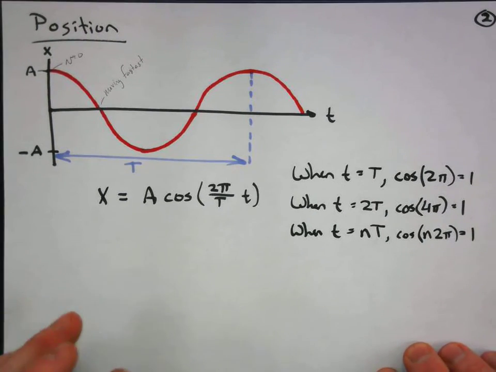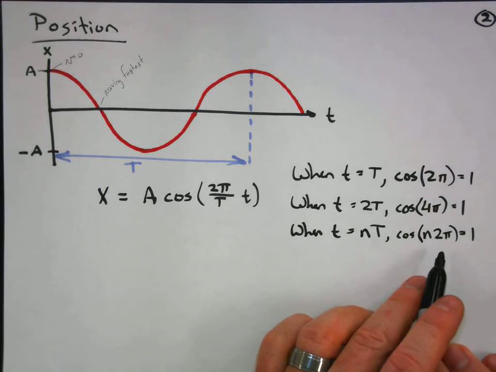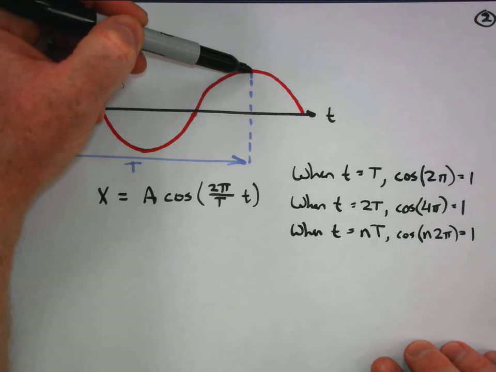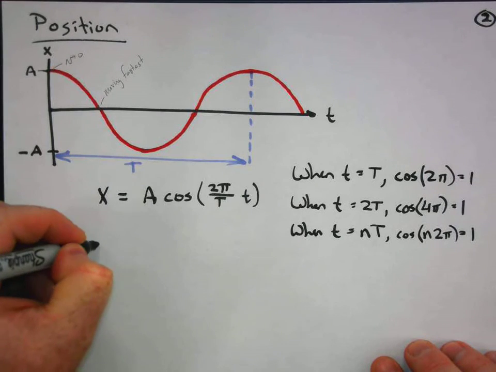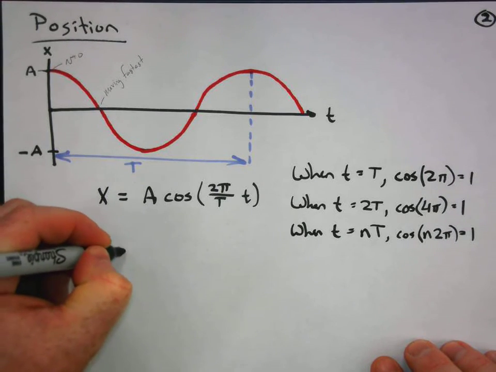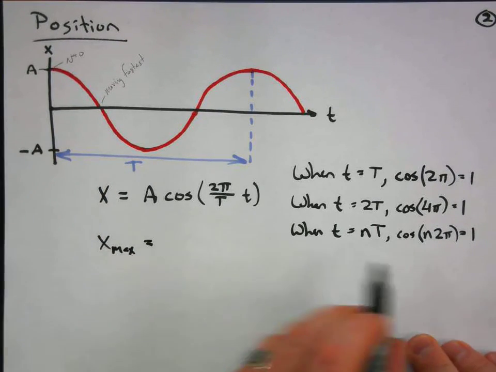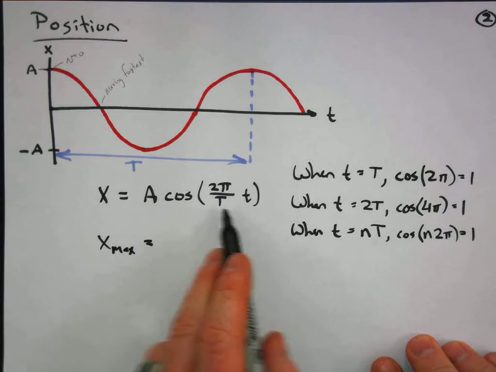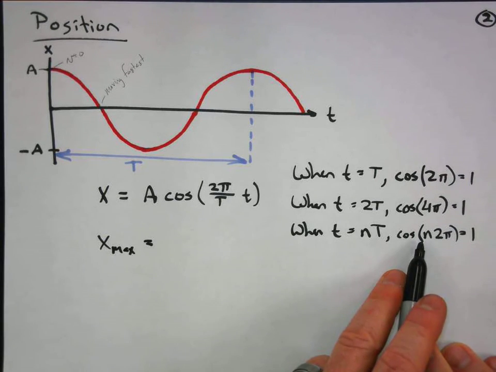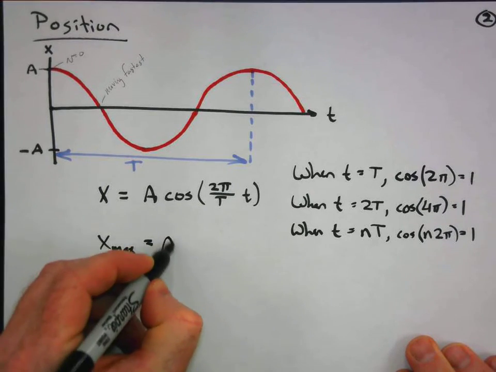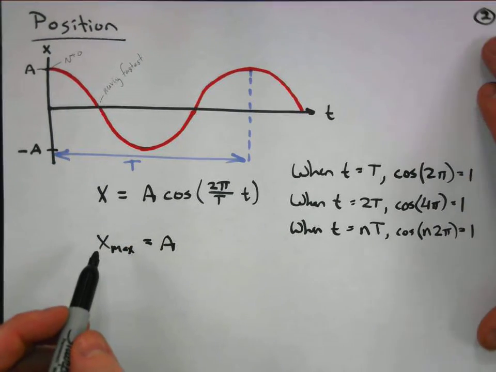And so this is interesting. So when that's the case, what we see is that it's back at maximum position, right? There is a way we can describe the maximum position. And so we know cosine of any of these values is going to be 1, and so the maximum position is just A. That's something interesting we can say from this.